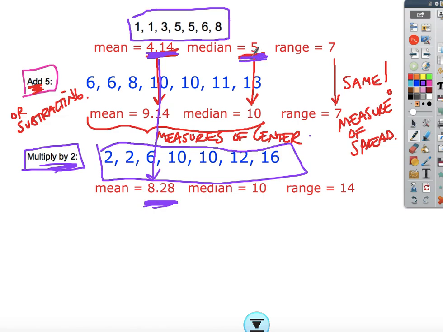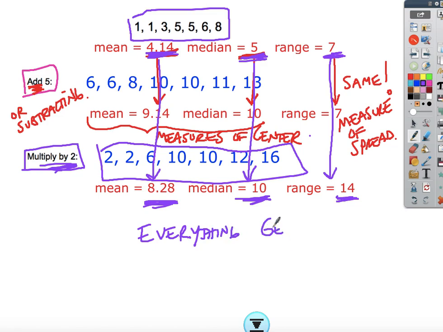This number, 5, gets multiplied by 2 to give us 10. And this number, 7, gets multiplied by 2 to give us 14. So everything got multiplied by 2.